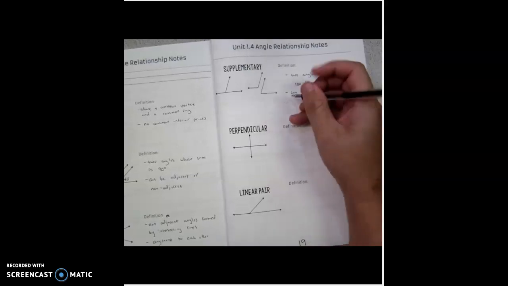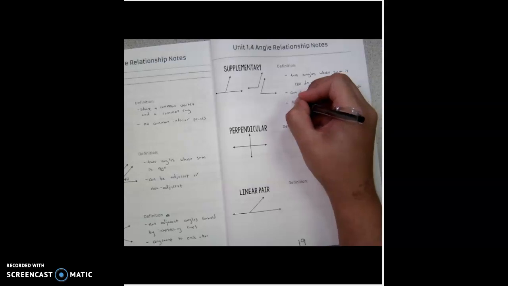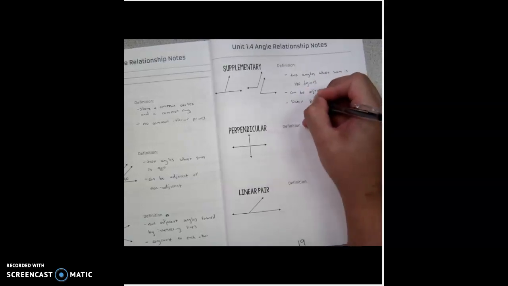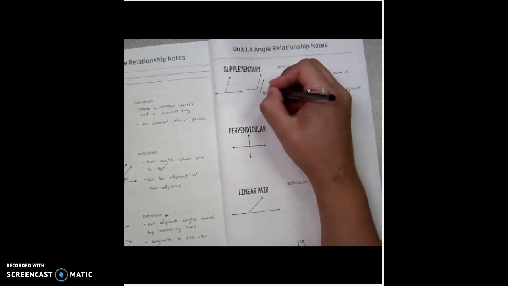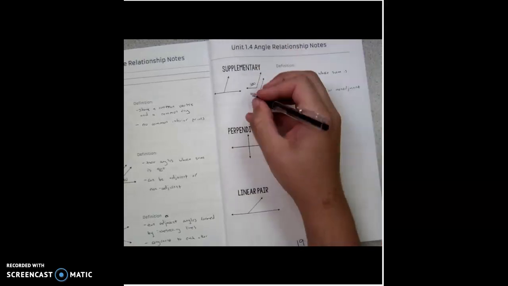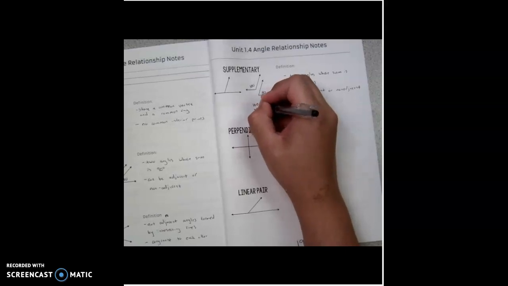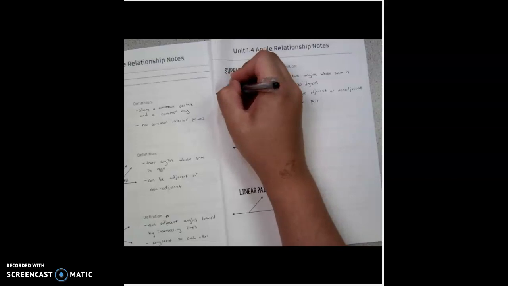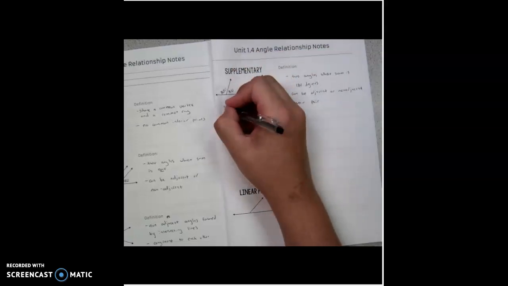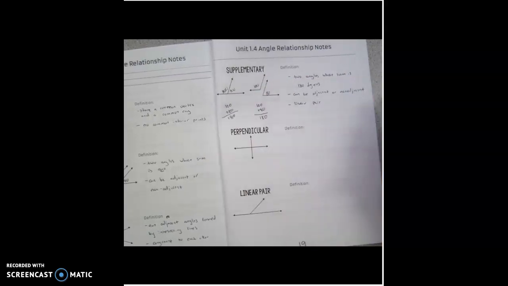One more fun pair is that these are typically linear pairs, which we'll talk about in a second. So I can have 80 and 100, and if I have 100 plus 80, I get 180. I could have 180 over here. They're adjacent. I could have 100 plus 80, gives me 180. So supplementary means two angles that, when added together, equal 180 degrees.